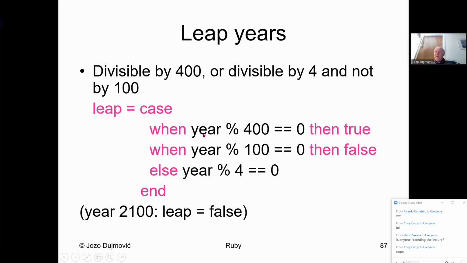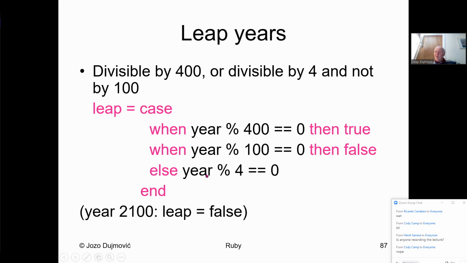Now, if it is not divisible by 400 and is divisible by 100, then it is not a leap year. Return false. In all other cases, return true if year modulo 4 equals 0. So you see what I have here. There is no in this else then. I have here else, and this expression returns the value.